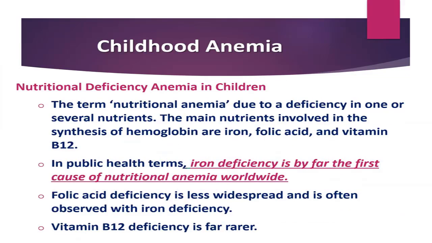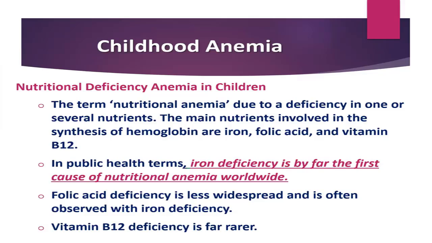We will talk about nutritional deficiency anemia in children, which is due to deficiency in one or several nutrients. The main nutrients involved in synthesis of hemoglobin, as we mentioned, are iron, folic acid, and vitamin B12.